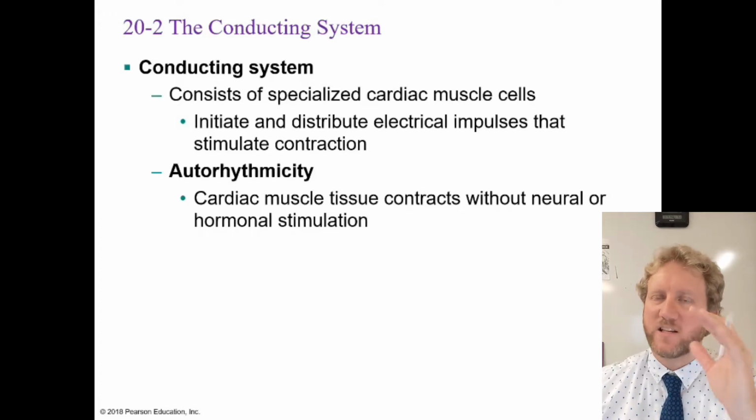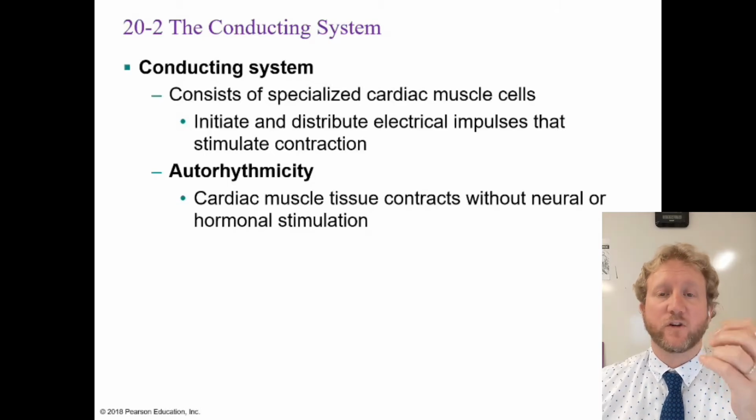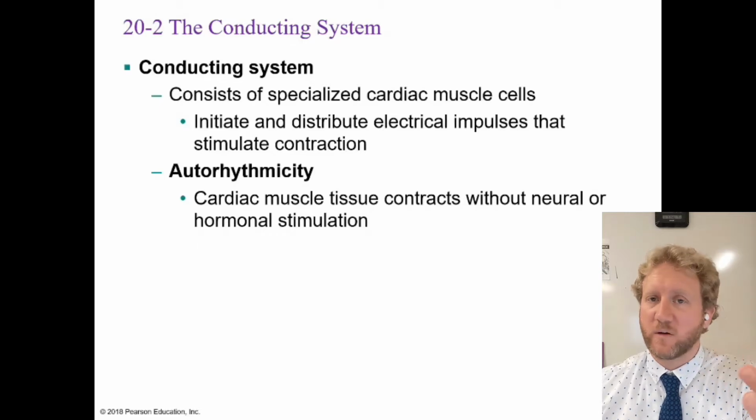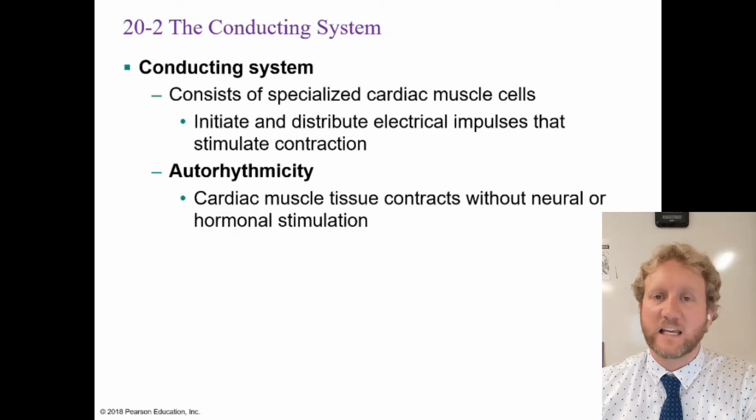Your brain doesn't tell your heart to beat. It can influence how rapidly your heart beats, but your heart tells itself if it's going to beat. It doesn't have outside influences telling it that it has to beat.